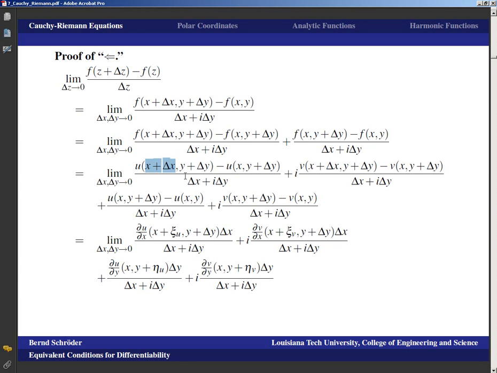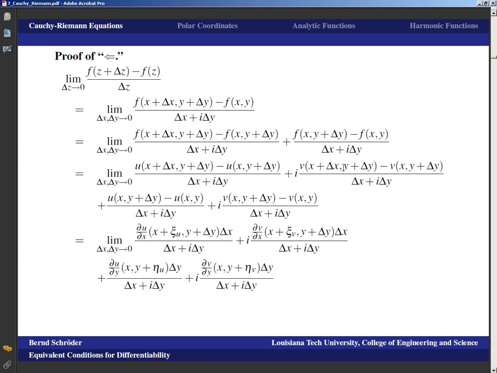And the mean value theorem for functions of a real variable says if you have a differentiable function on a real interval, then the difference of the values at the endpoints, x plus delta x and x, is equal to the length of the interval, which is delta x, times the value of the derivative of the function. Well, that's now a partial derivative because this is a function of x, times the value of the derivative at some point in between, and I called that x plus xi sub u, x plus some disturbance for u, where the xi sub u is bigger than 0 and smaller than delta x.